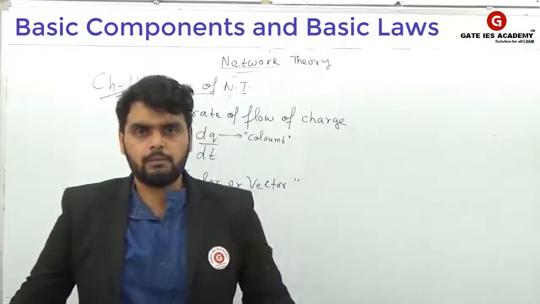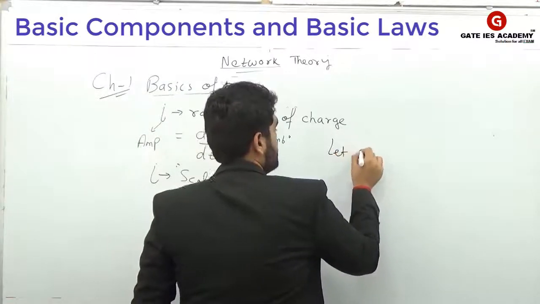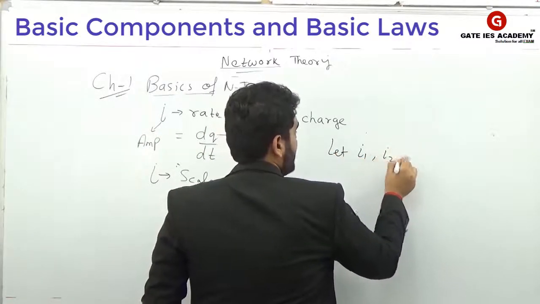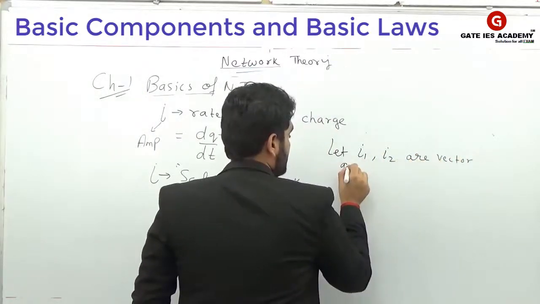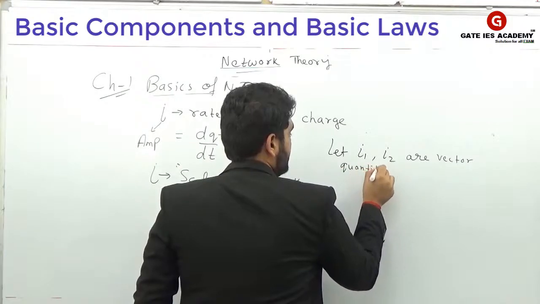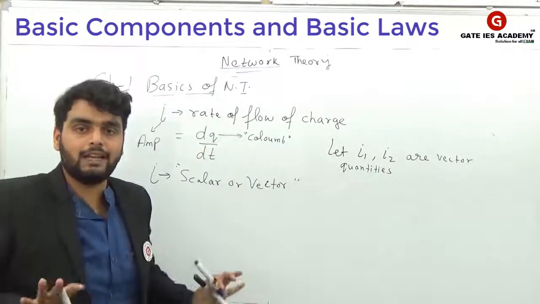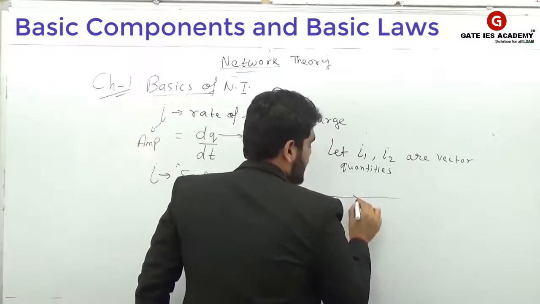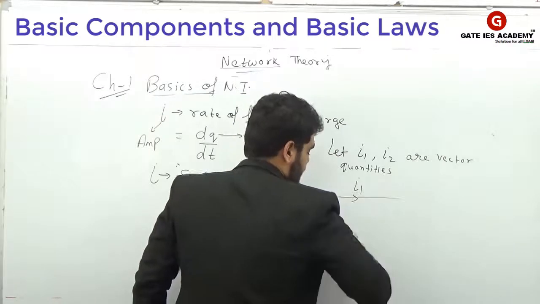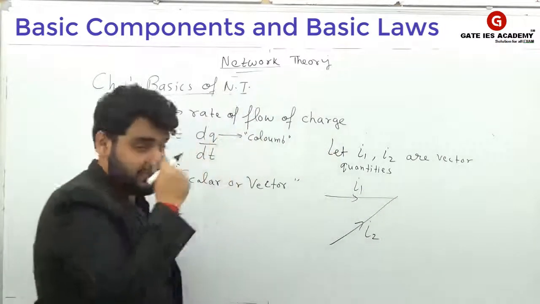Let's suppose I'm giving you one example. Let I1 and I2 be vector quantities. Suppose current is a vector. If these are vector quantities, suppose I1 is flowing in this direction, I2 is flowing in this direction, correct?